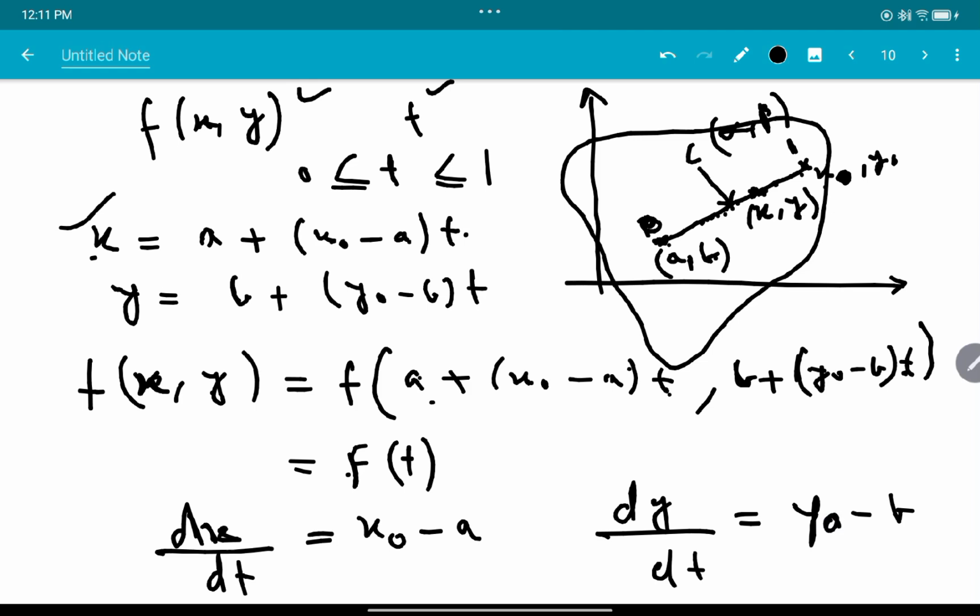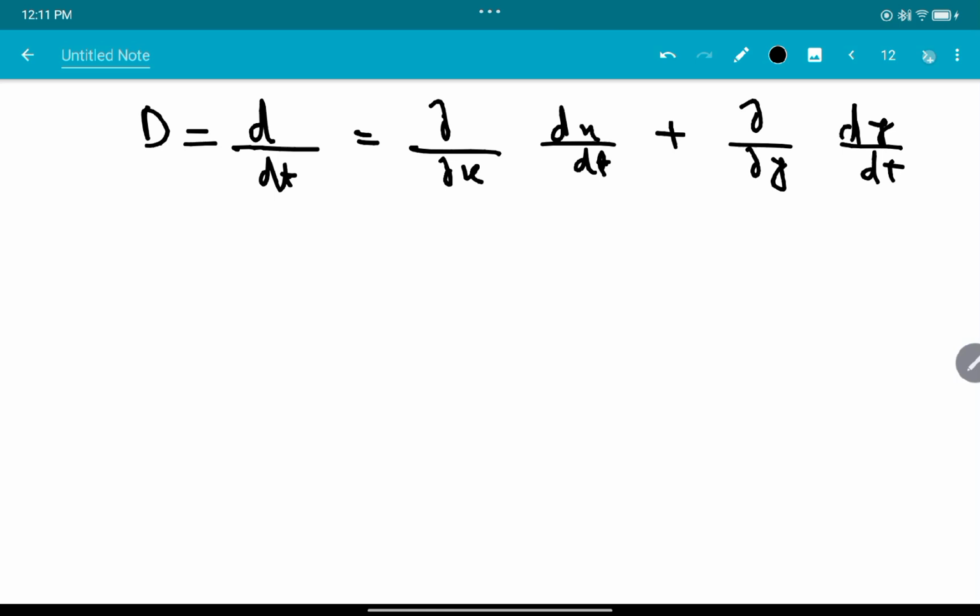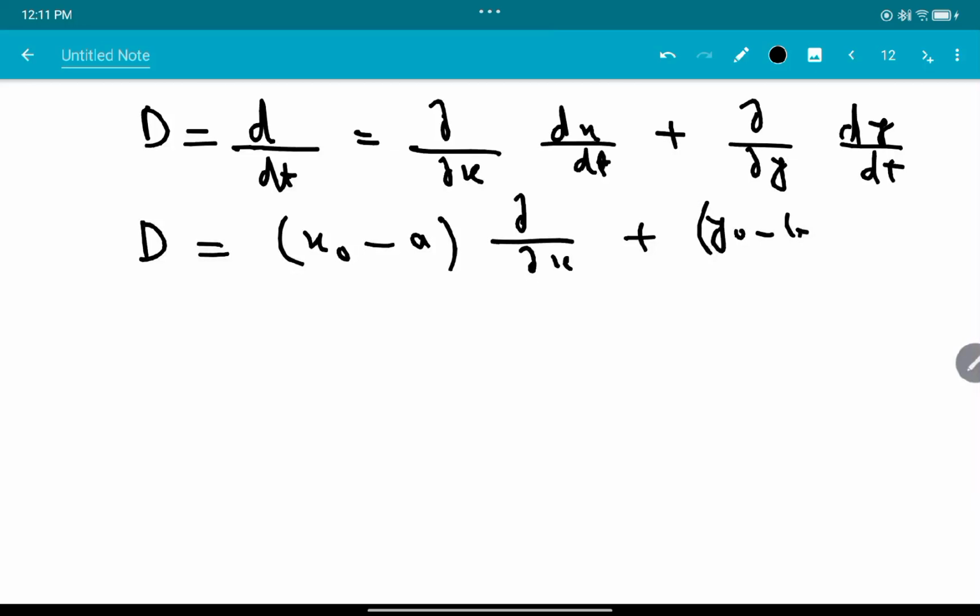After having found these two, x naught minus a, y naught minus b, we go back here. We have D is equal to x naught minus a into del by del x plus y naught minus b into del by del y.